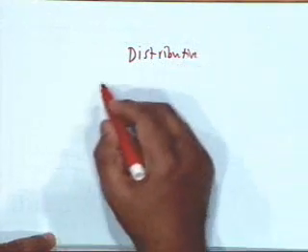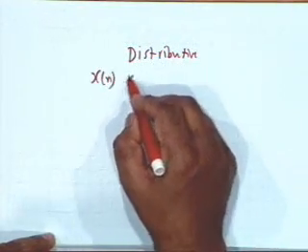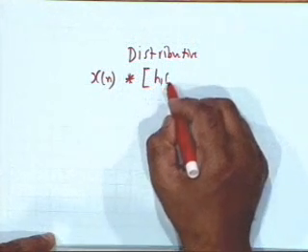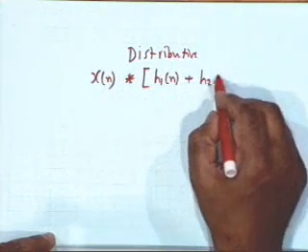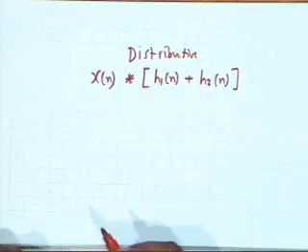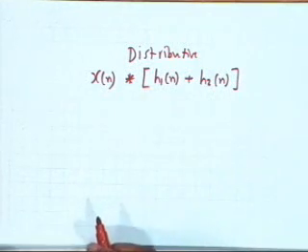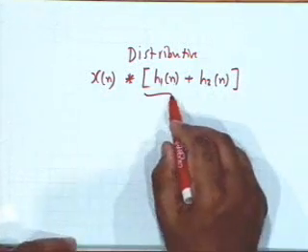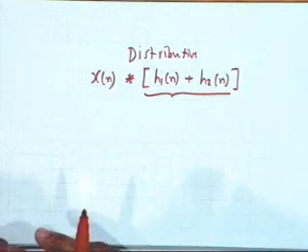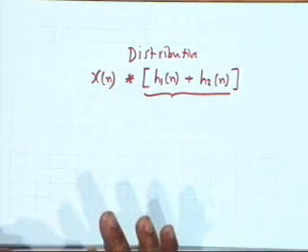That is, x of n, if it is to be convolved with, let's say, sum of two unit impulse responses, what kind of a system does this represent? We have already discussed parallel connected, that's right. h1 of n plus h2 of n means there are two systems which are connected in parallel.